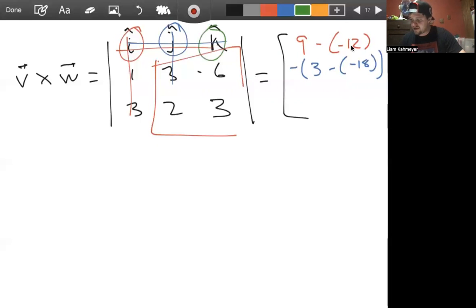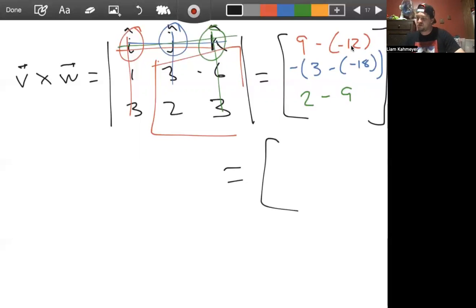And then for the last entry, block out the row and column for k hat, and then we have 2 minus 9. Our result is going to be 21, then 3 plus 18 would be 21, but it's -21, and -7. Cool. So here is the cross product of v and w.